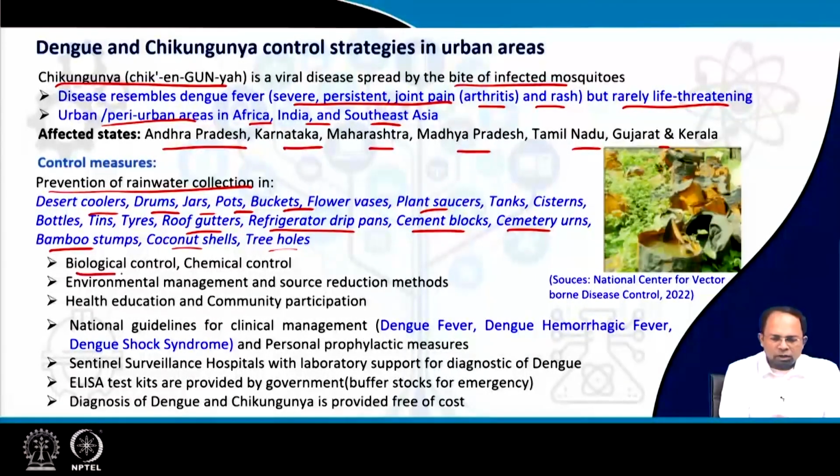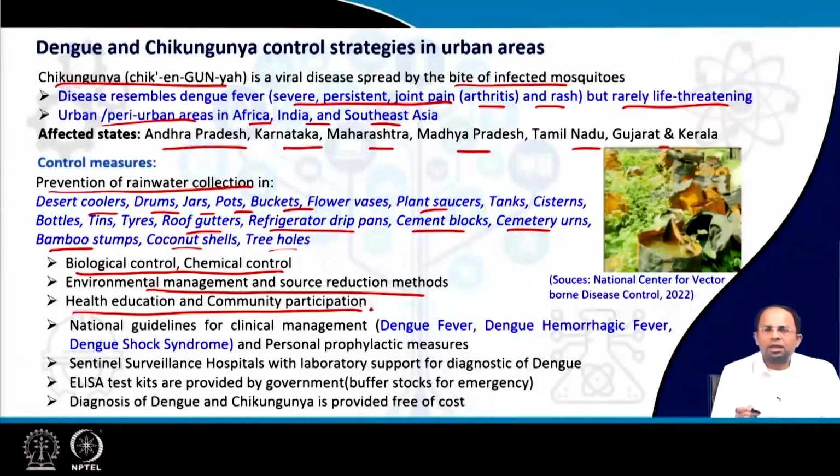In addition, we can go for biological and chemical control, similar to malaria. These are environmental management and source reduction methods. We can clean the environment, do some minor engineering repair and so on. We can do health education and community participation in these kinds of activities.